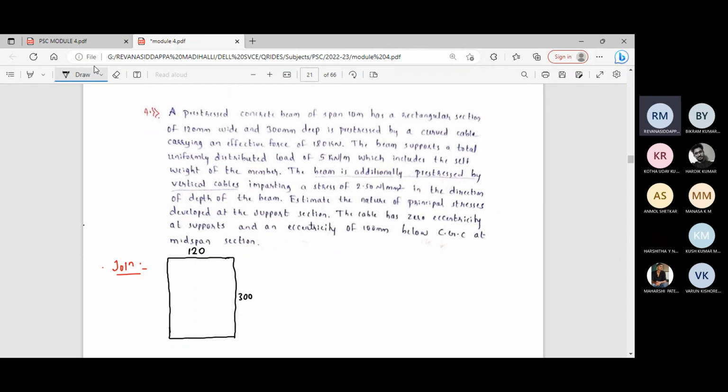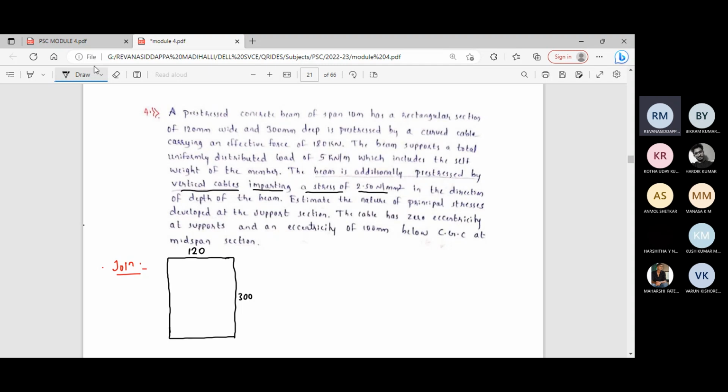The beam is additionally pre-stressed by vertical cables imparting a stress of 2.5 Newton per mm square. This is important. This is the special case we are getting in this particular problem. Vertical pre-stress is also given.